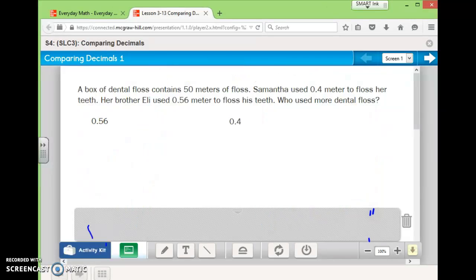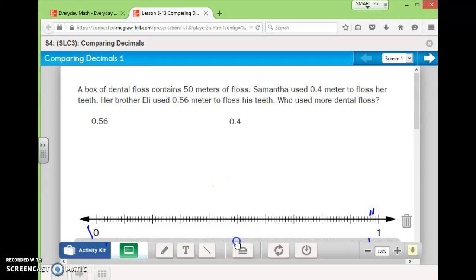One thing that you need to do when you're comparing decimals is comparing things that are of the same whole. So for instance here, a box of dental floss contains 50 meters of floss. Samantha used 4/10 of a meter to floss her teeth. Her brother Eli used 56/100 of a meter to floss his teeth. Who used more dental floss?